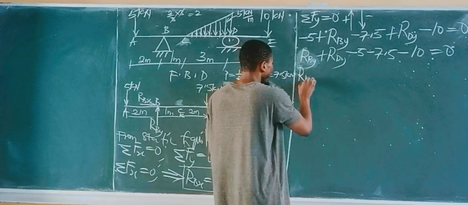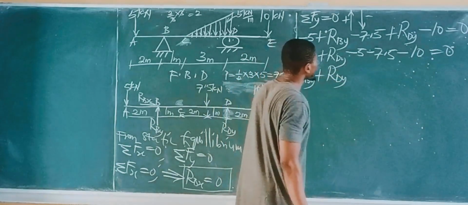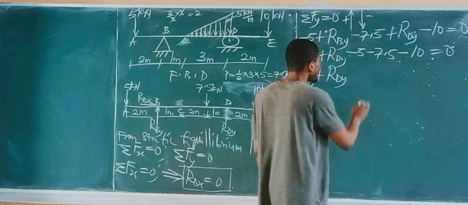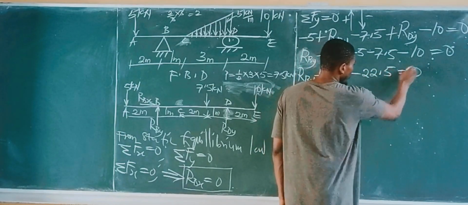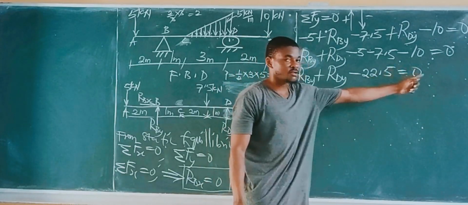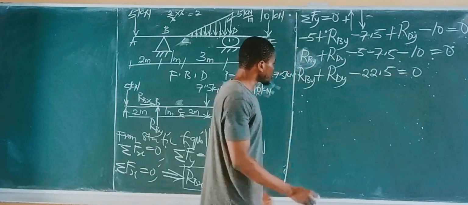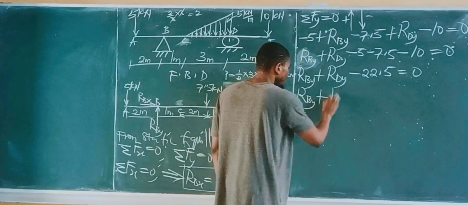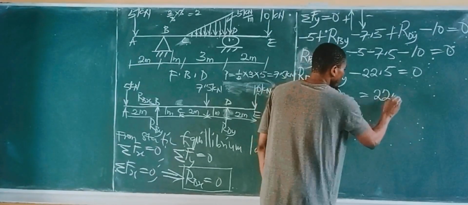So RBY plus RDY minus 5 minus 7.5 is minus 12.5, minus 10 is minus 22.5, and that's equal to 0. So we can send minus 22.5 over to this side of the equation. The negative sign becomes positive. So you simply have RBY plus RDY to be equal to 22.5.